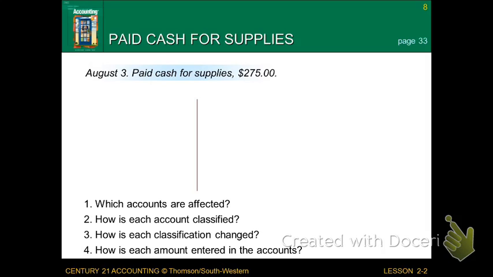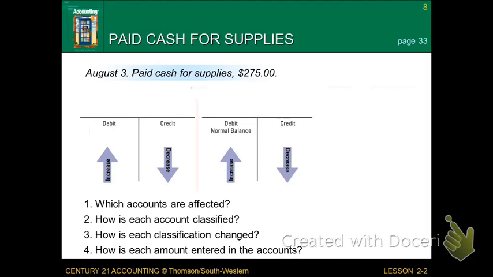So we're going to list our supplies first, since that is our debit amount. We're going to label our T account supplies. We're going to show that supplies increases as a debit for $275. Our cash, also an asset, is going to decrease since we're paying it. So we're going to list that as a credit. Notice we have our debit, we have our credit for $275. We're set to go.